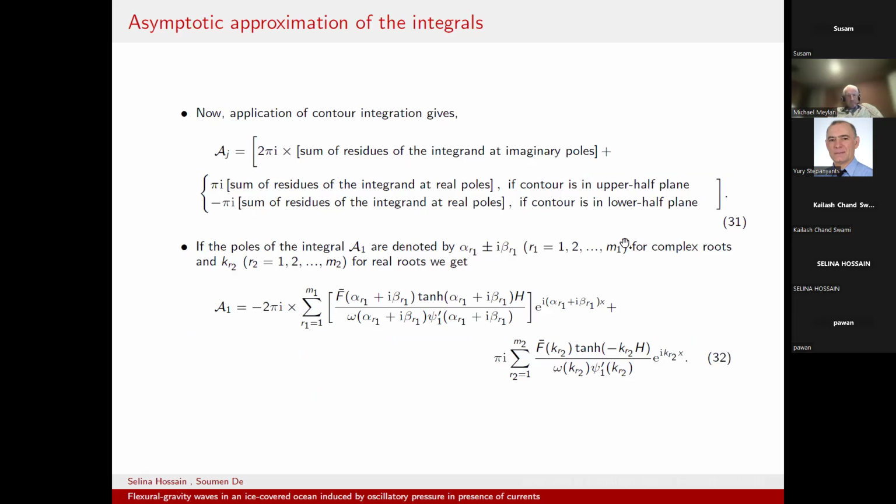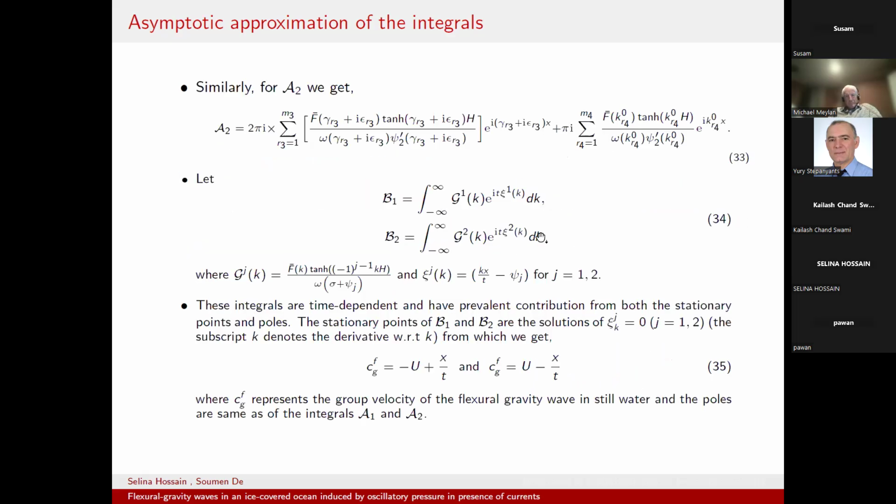We have chosen the contour in the upper half plane, and using this formula, the polar contribution of the integral A1 can be derived as given in equation 32, where alpha R1 plus minus i beta R1 are the complex roots of the denominator of A1, and k R2 are the real roots.